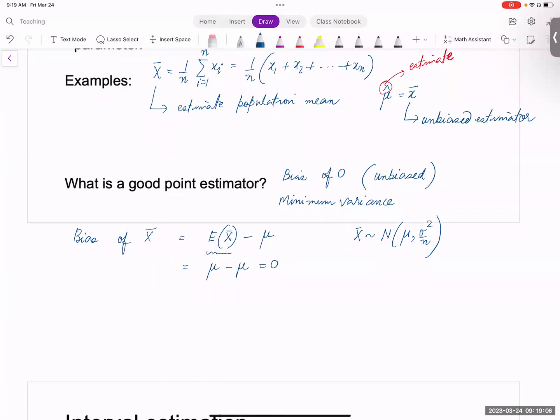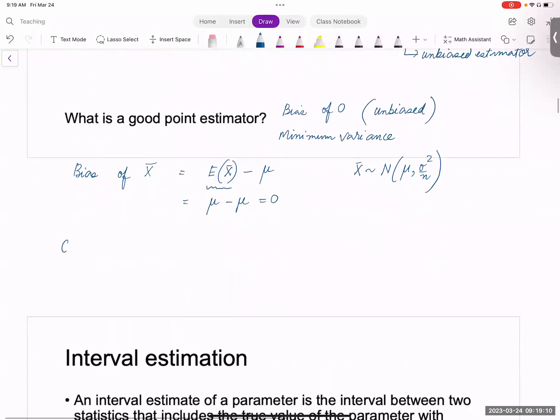right? And so now if you want a general formula for bias, let theta hat be an estimator of theta, then the expected value of theta hat minus theta is your bias of theta hat, right?